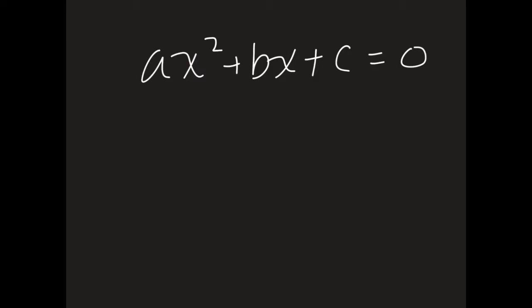Okay, so for example, let's say when a equals 1, so it's just 1x squared, right? Plus, when b is equal to, let's say, 3, so 3x, plus when c is equal to minus 9. So here, watch carefully.